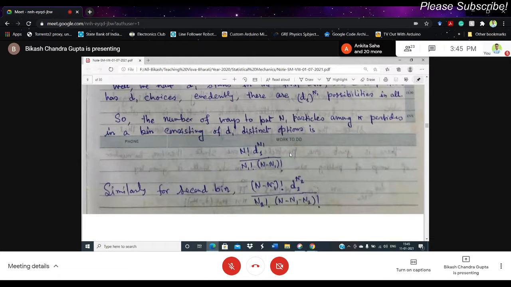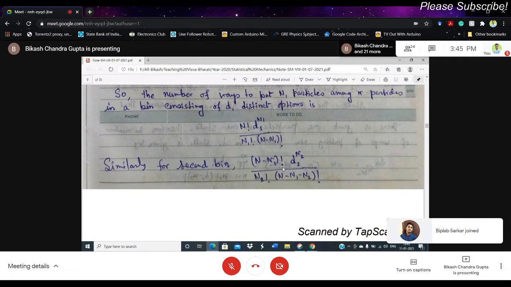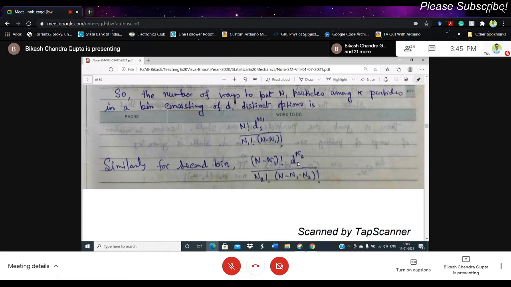Once you are done with the first bin, come to the second bin. How many ways can you put N2 particles in the second bin? Once you have chosen for the first bin, the remaining particles are N minus N1. Then you have to choose N2 particles out of N minus N1, and each one has D2 states to occupy, so there are D2 to the power N2 ways to fill the states.